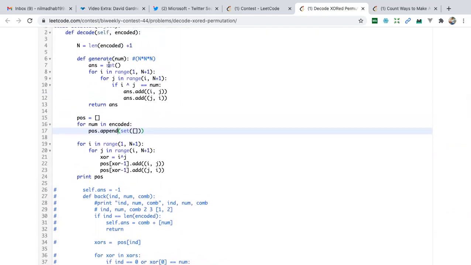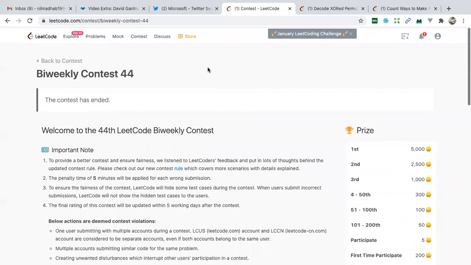So at first it was generated number, and if we get this number, we add i and j, right? But we can optimize it for all the numbers, right? For number in this encoded, position.